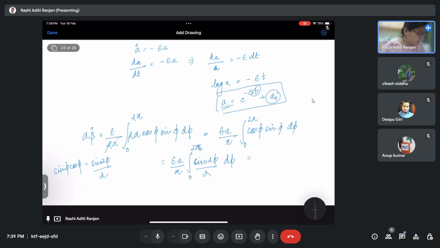So if I integrate it, okay, if you see cos of 2 into 2 phi, I'll just write only. Okay, sorry, there should be a minus over here, minus, minus.